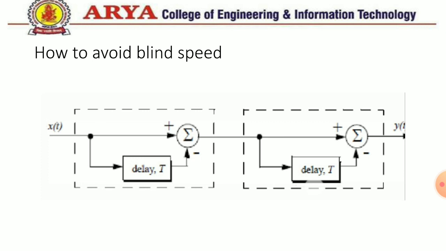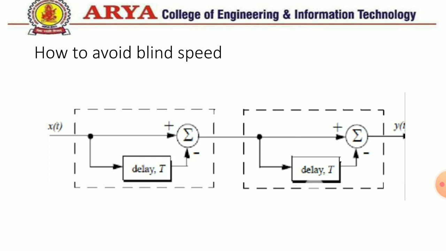Now, how to avoid blind speed? What we can do is cascade multiple delay line cancellers before we give the signal to the display.